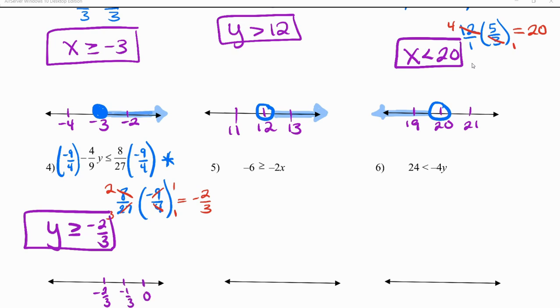And then for decreasing values, I'd have -3/3, which is -1, and then -4/3. So -2/3 is included. So we want a filled in circle. And it's greater than because we flipped it, so we want to shade to the right.